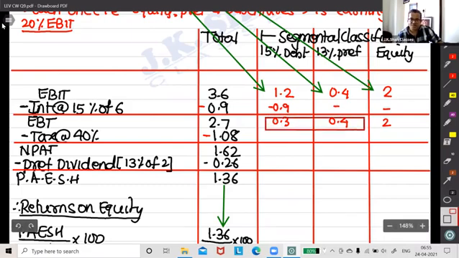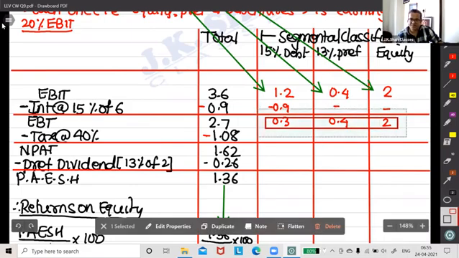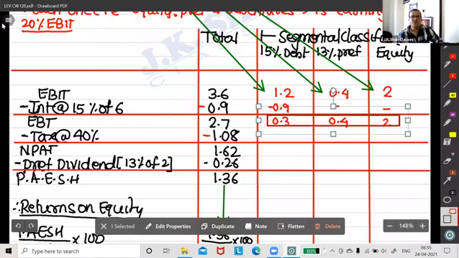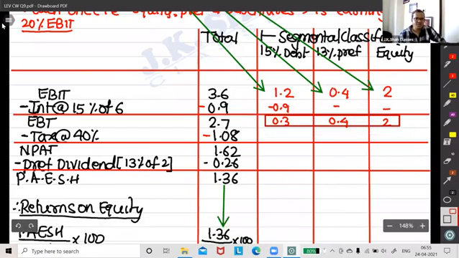If you take a total of these three, you would notice that it comes to this total. Is it right, people? Clear? Okay. That's how we learn segmental classification.